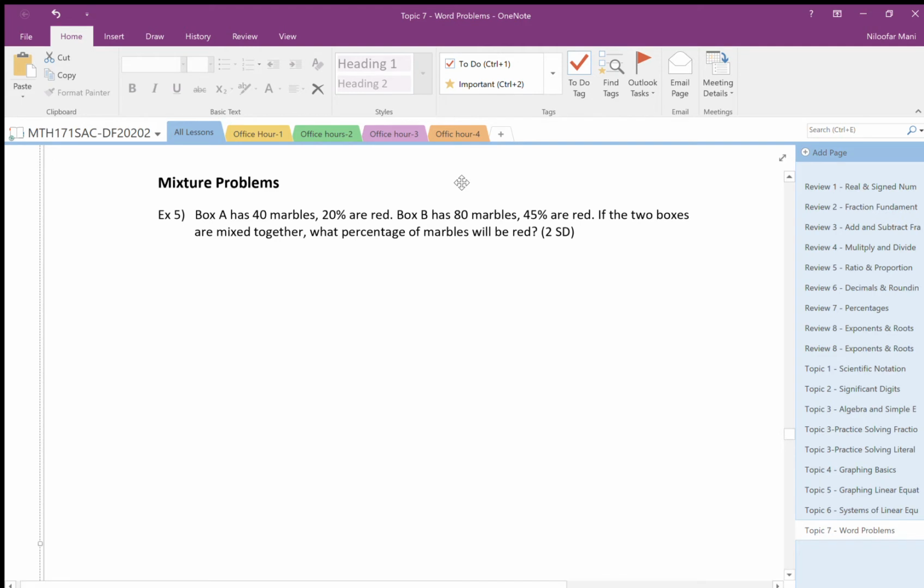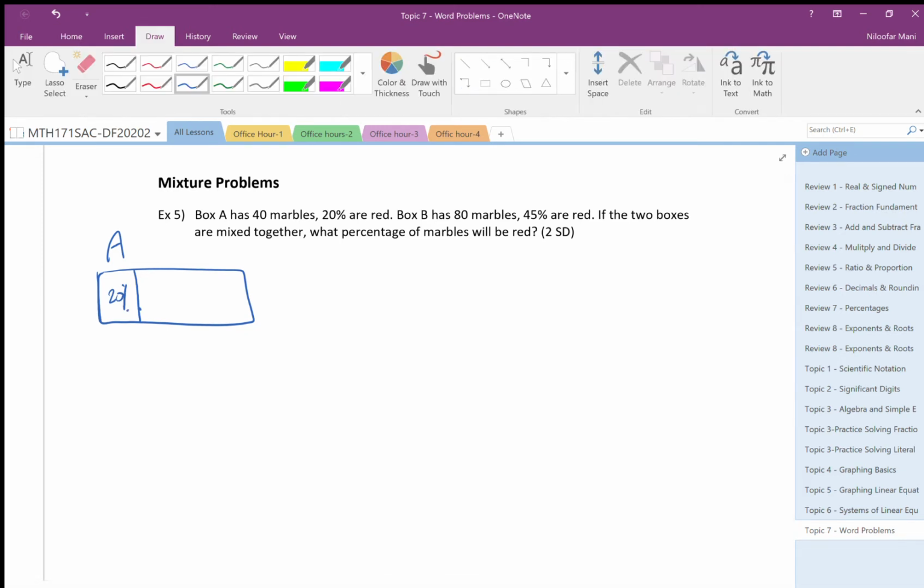So I have box A. I want to have diagrams, I want to visualize it. So this is box A, and 20% is red. So that's 20%.